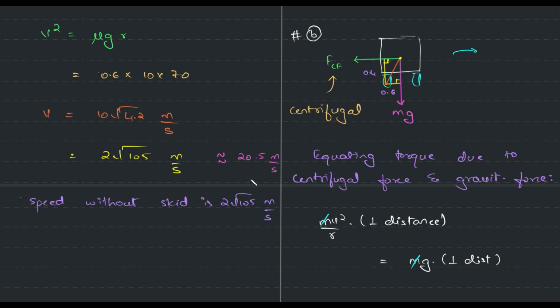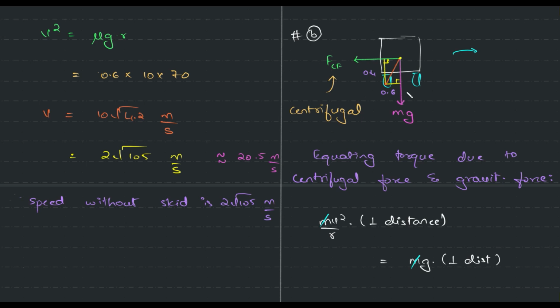After this, we'll start skidding. Now we are looking at one more concept, but the source is similar to your centripetal, but here it's centrifugal. Centrifugal will try to topple the vehicle, that is make it turn, but because of gravity it's stable.